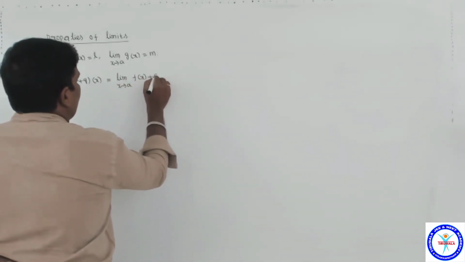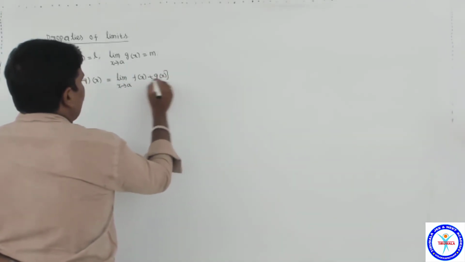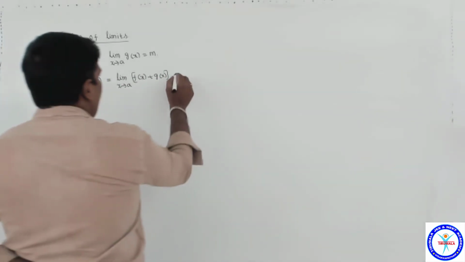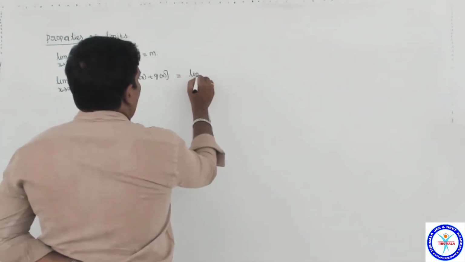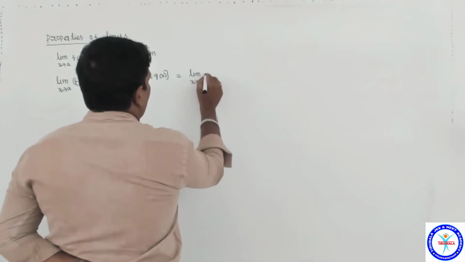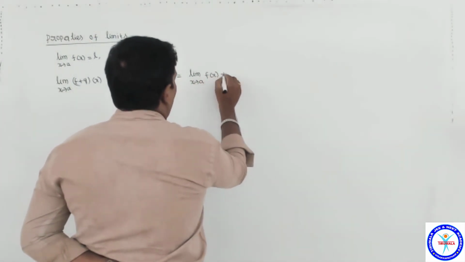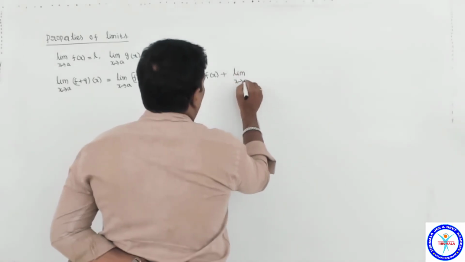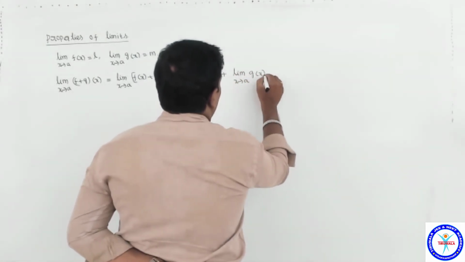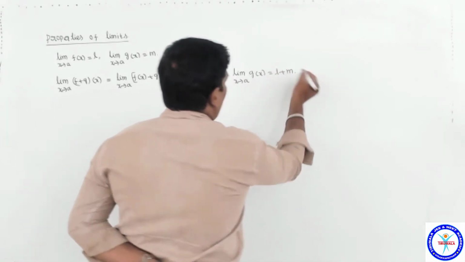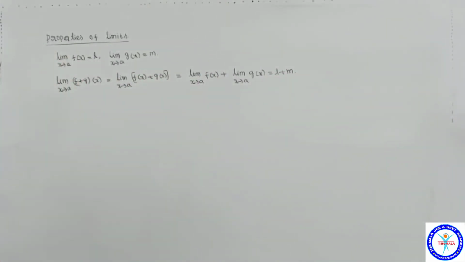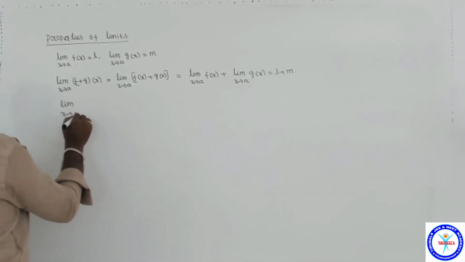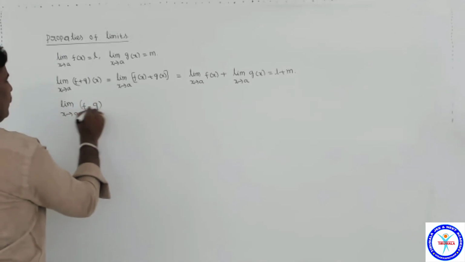equals limit x tends to a of f of x plus g of x. This is equal to limit x tends to a of f of x plus limit x tends to a of g of x. That means this is equal to L plus m. Okay. Next, limit x tends to a of f minus g of x.